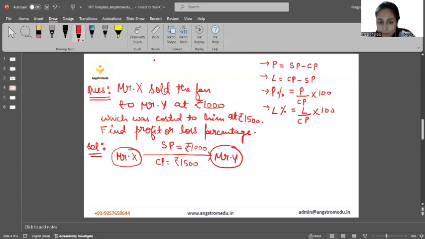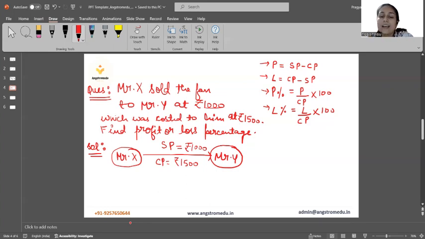All right. We know the formula which is written over here: SP minus CP in the condition where profit is occurring, and CP minus SP for loss. So in this question, cost price is 1500 and selling price is 1000. It means the cost price is greater than the selling price.